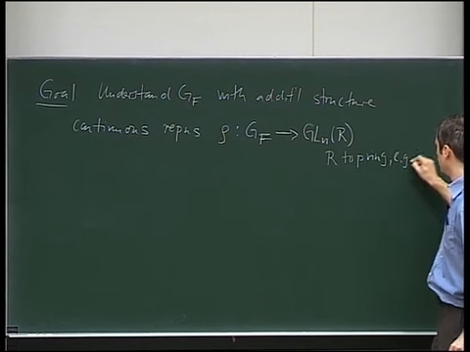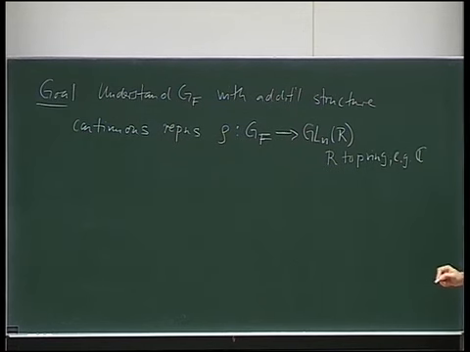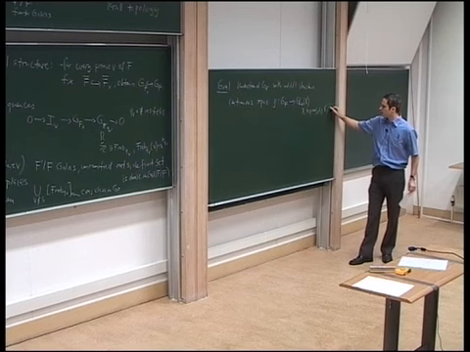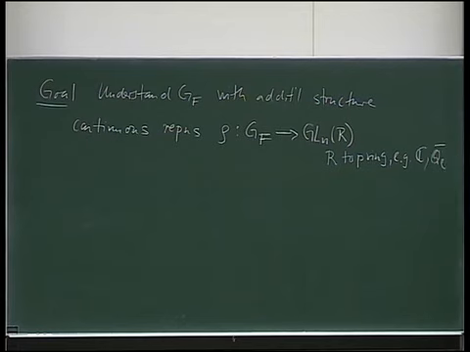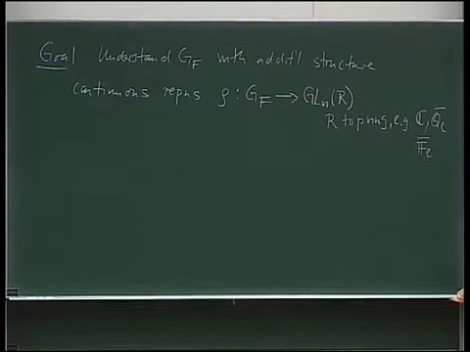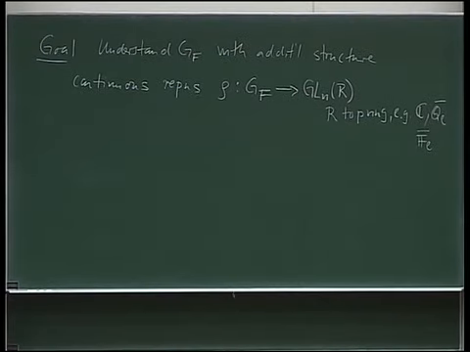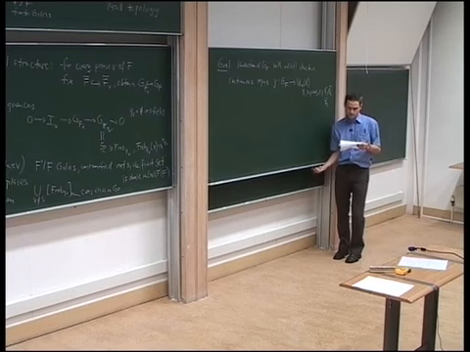So e.g. the complex numbers, or the algebraic closure of the l-adic numbers, or the algebraic closure of the finite field with l elements. In subsequent talks today, there will be other choices as well.